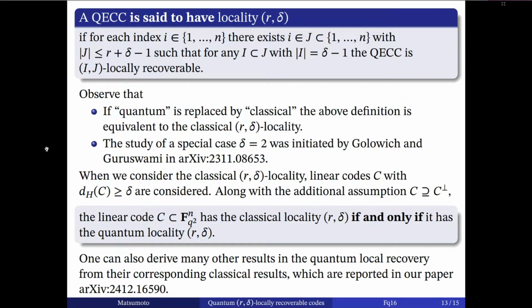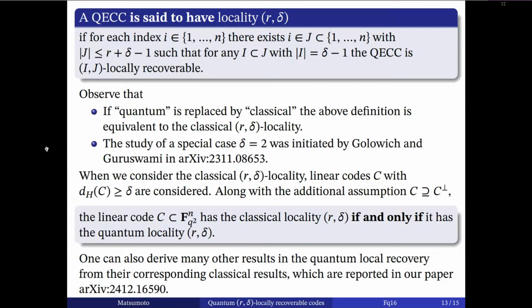We have this fact: a linear code C has classical locality r and delta if and only if it has quantum locality r and delta. One can also derive many other results in quantum local recovery from the corresponding classical results, which are reported in our paper.